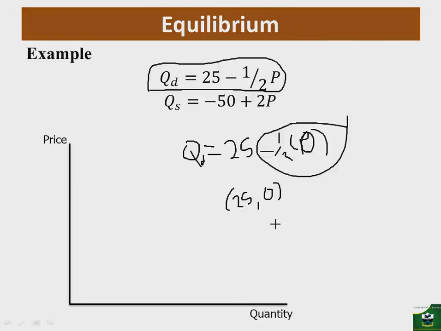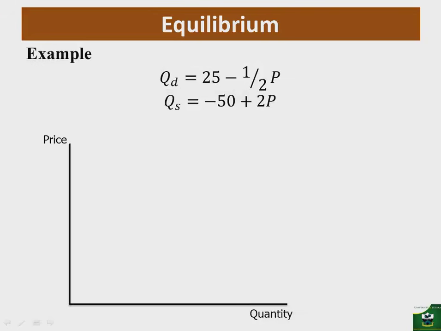So I have found my horizontal intercept. My horizontal intercept will be 25, 0. And if I put that on this graph, then I will have my 25 somewhere there. So we have 25 here, comma 0, because this part is 0 here. So this is my horizontal intercept.